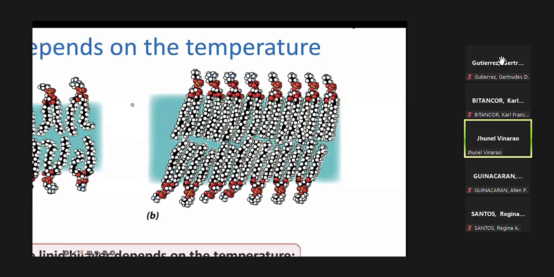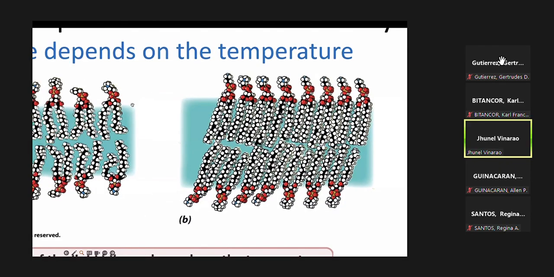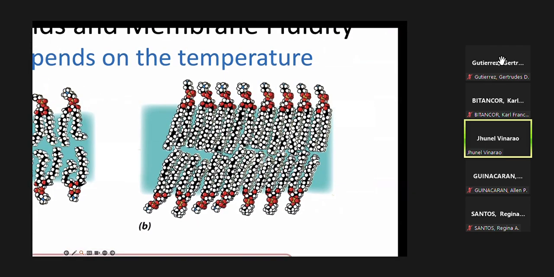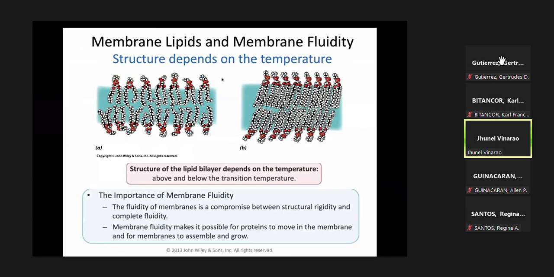My cells have to convert unsaturated fatty acids into saturated fatty acids to become more solid even at high temperature. That is one reason why our membrane is not uniform at different temperatures and in different conditions.